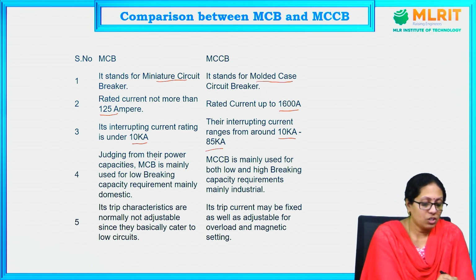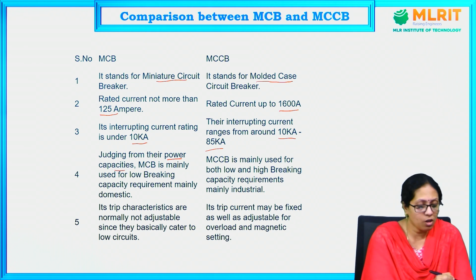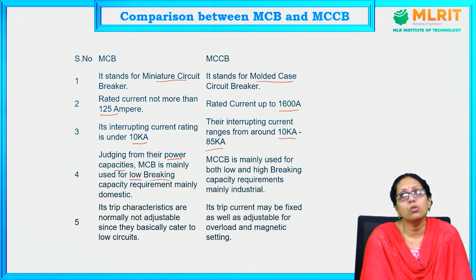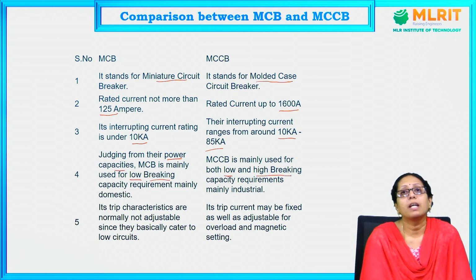By this we can judge that MCB is mainly used for low breaking capacity, and here MCCB is mainly used for low as well as high breaking capacity requirements, mainly for industries.